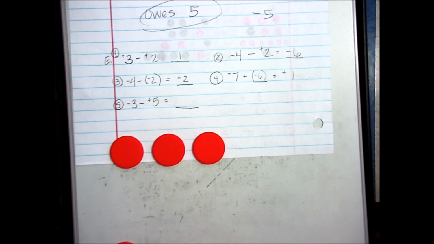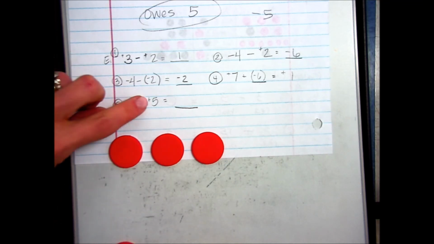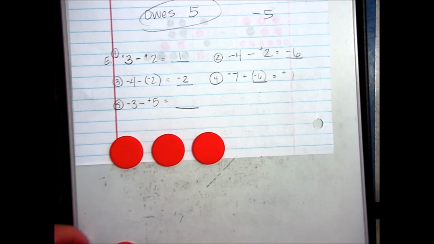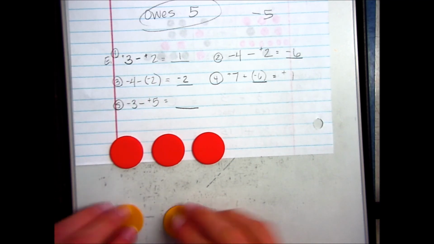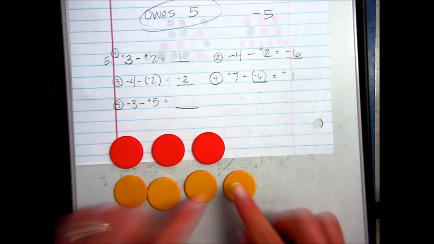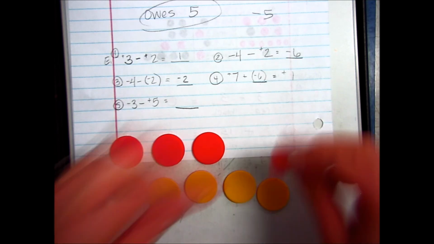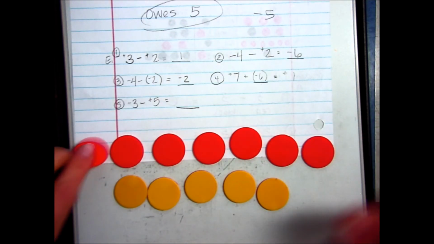Okay, what do we do if we have to take away some we don't have? We have to make a negative. Add, well, whatever it is you need of each. We need 5 positives, so 1, 2, 3, 4, 5.